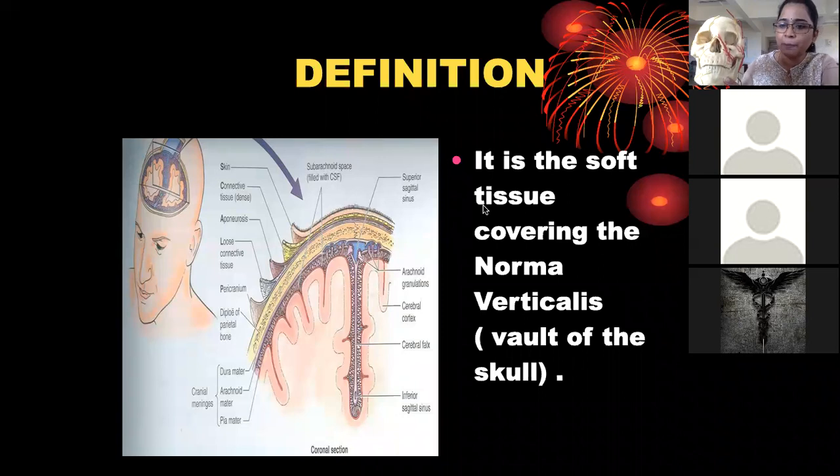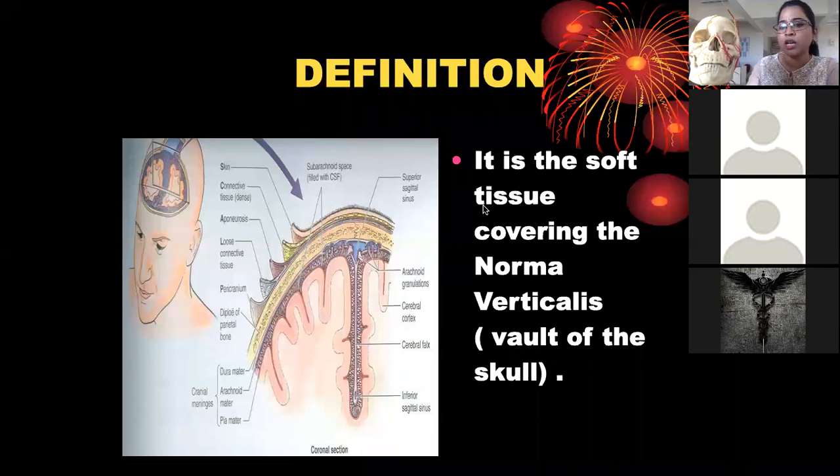Once again, I'll just repeat this. Norma means the view, how we are looking at the skull and learning. The various views are norma verticalis, from above, norma frontalis, norma lateralis, norma occipitalis, and norma basalis.